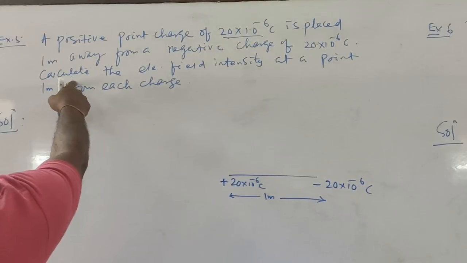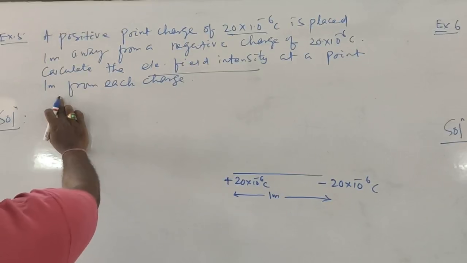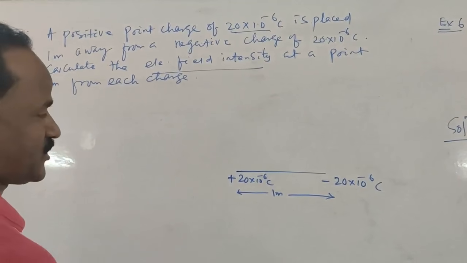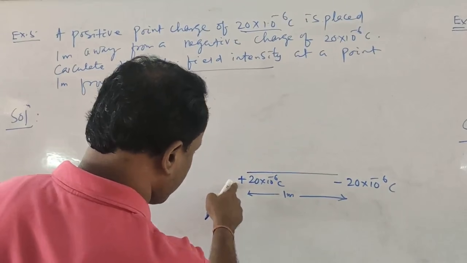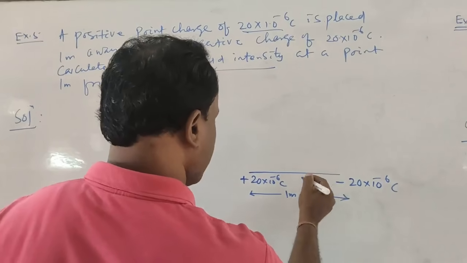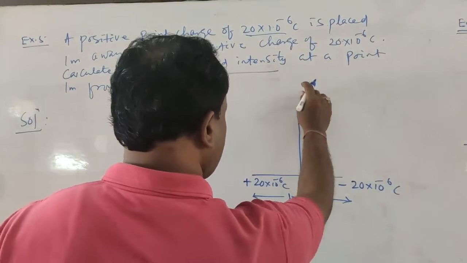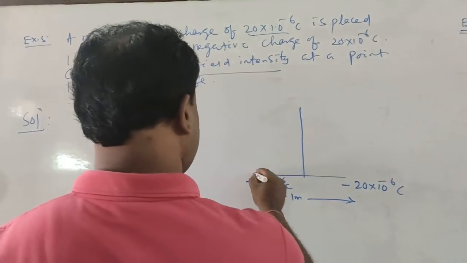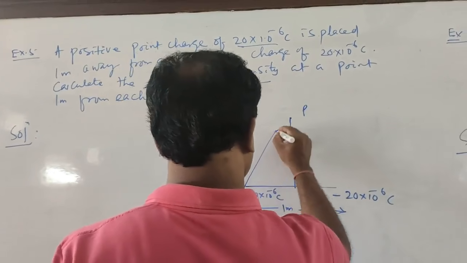But what to calculate here? Electric field intensity at a point 1 meter from each charge. Means you choose a point which is 1 meter from plus q and also minus q. That point is sometimes called an equatorial point. Choose the point P.